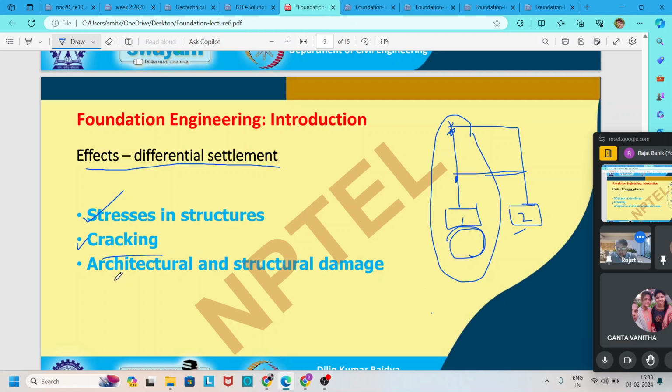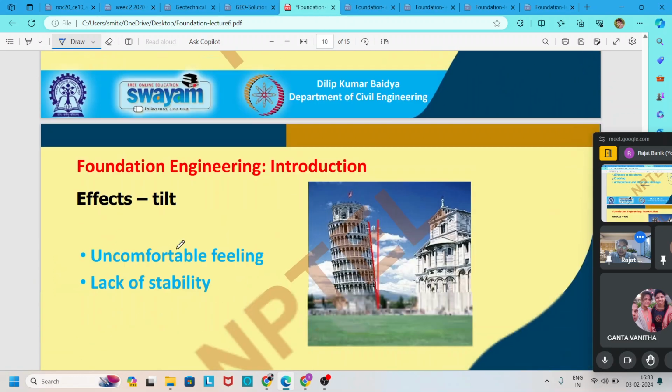Also, architectural and structural damage occurs due to this stress development. First, uneven stress develops, then some cracking develops. Due to this crack, some structural element like the roof may collapse. Also, this roof may collapse like this in differential settlement.